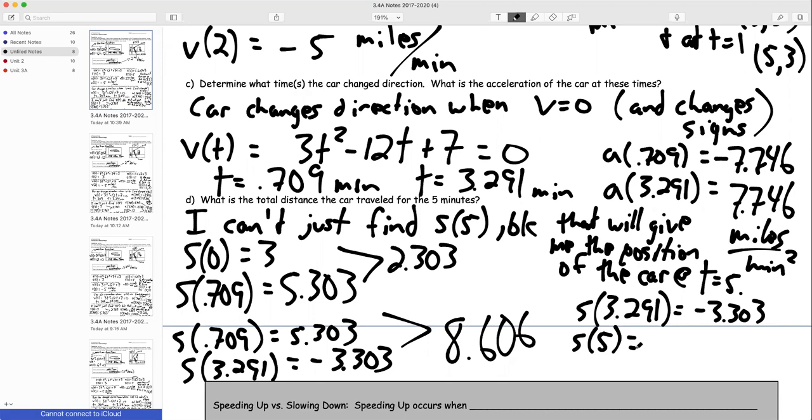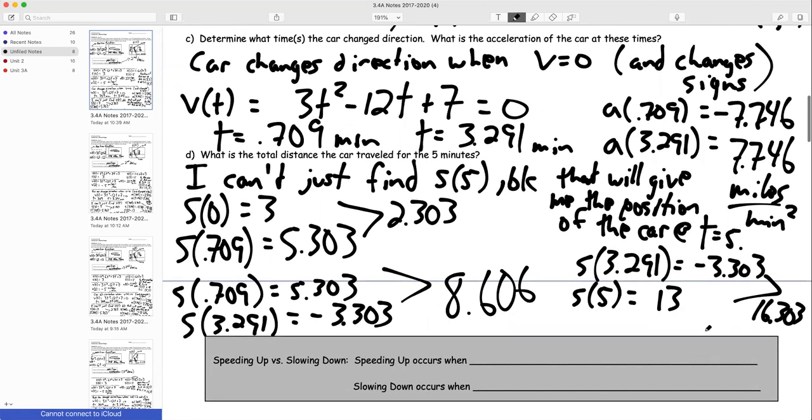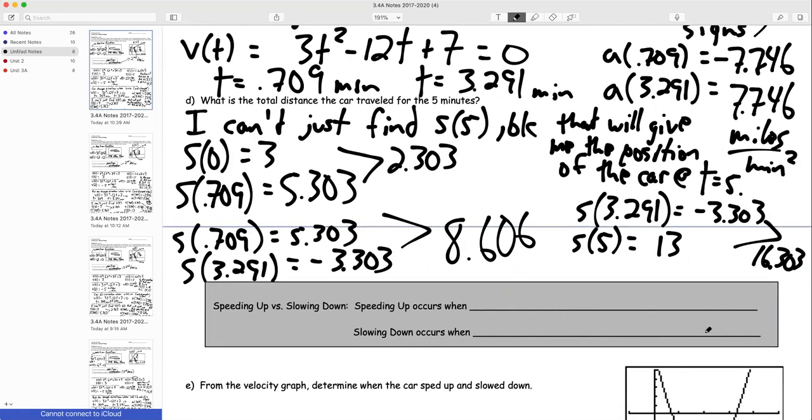S of 5 was 13, I believe. And so how far did I travel? I went from negative 3.303 to 13, which is 16.303 miles. Okay, so I kind of ran out of room there, but here's how I find the total distance.